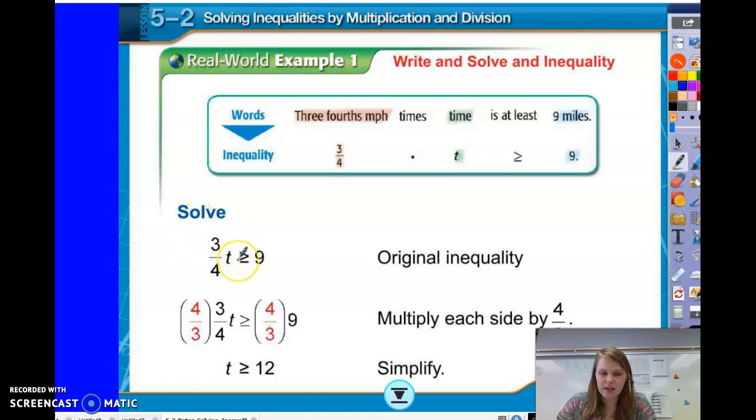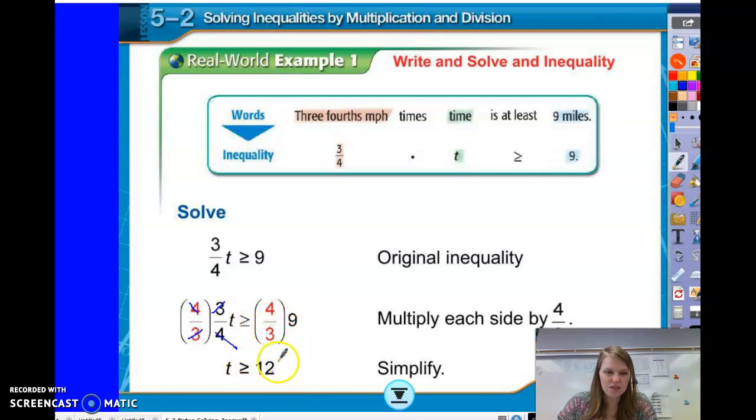Now we have to solve for t. In order to solve for t, we need to get rid of the 3/4. Do we see how 3/4 is multiplied by t? We're going to multiply by the reciprocal. Now these 4's can cancel, the 3's can cancel, and we're left with t is greater than or equal to whatever this is.